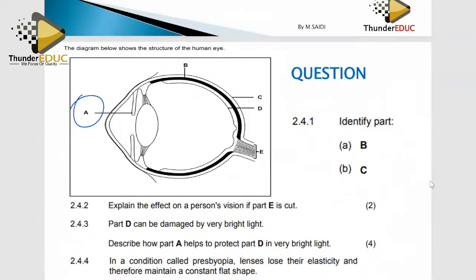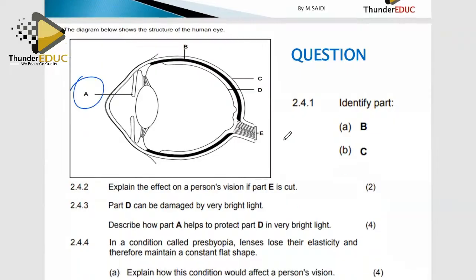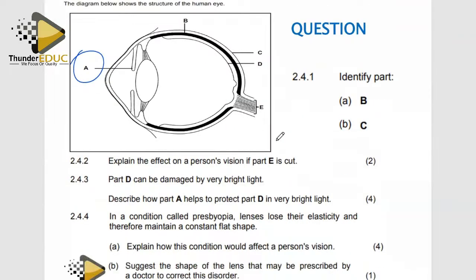Sclera. What is D? Retina. What is E? Optic nerve.